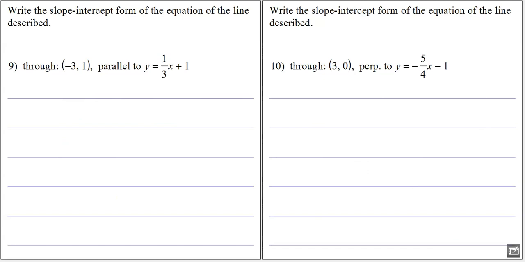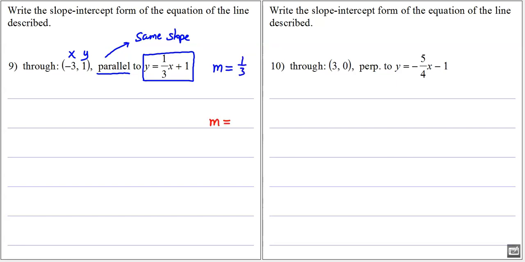So number 9, I need to go through this point. So here's my xy I'm going to plug in. I need to be parallel to this line. So the first thing I need to know is, in order to be parallel to a line, I need to have the same exact slope. So looking at this line, he has a slope of 1/3. So my line also has to have the same slope if I want to be parallel.